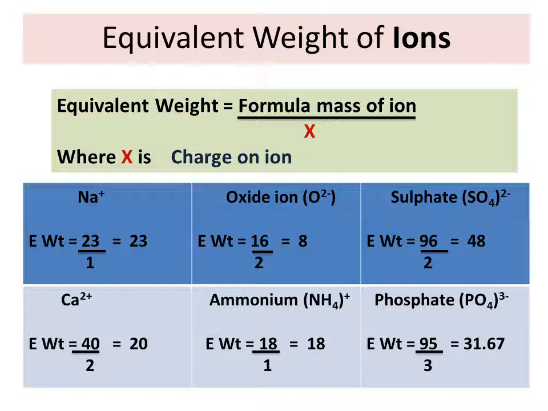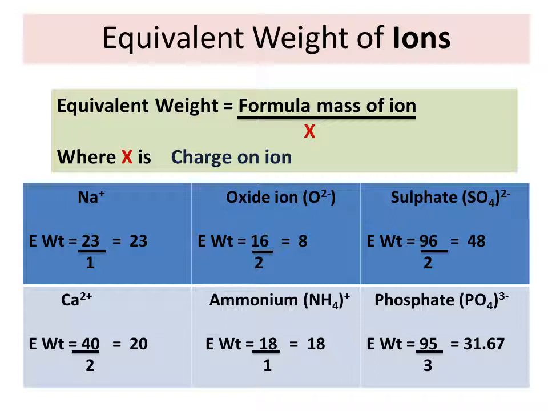Now let us apply to the oxide ion. In the oxide ion we know that the charge present is 2 minus. So the equivalent weight will be formula mass. What is the formula mass? Oxygen has mass of 16, so 16, and the number of charges present on the ion is 2 minus, so 2. So 16 divided by 2, it comes out to be 8.